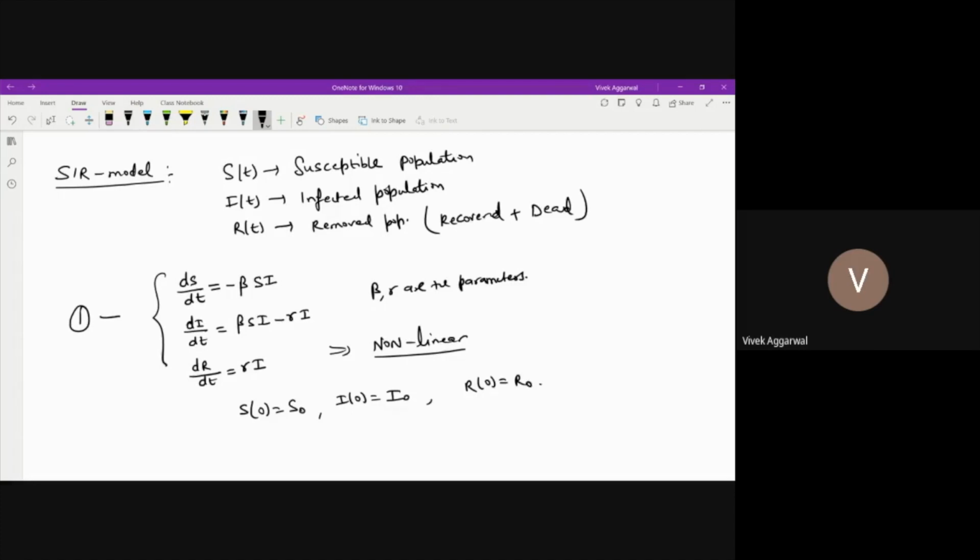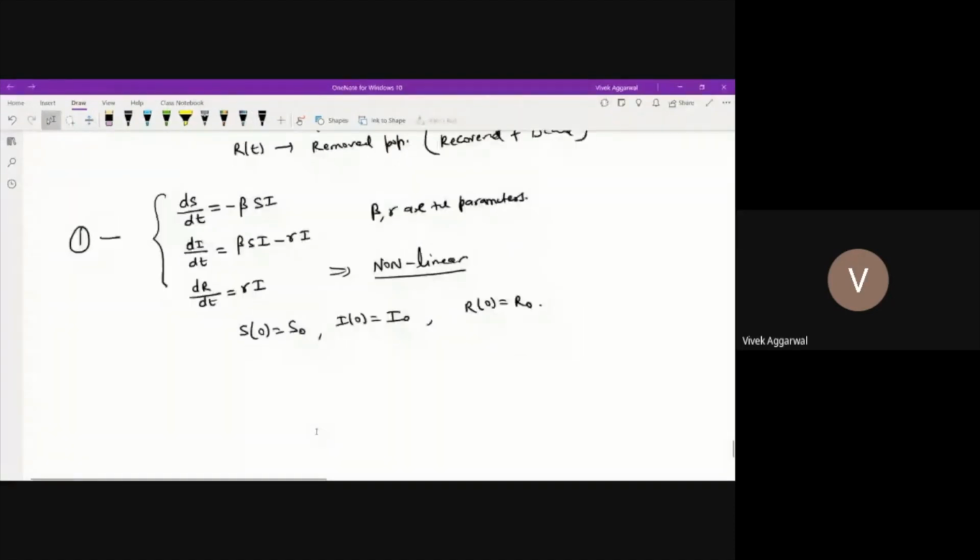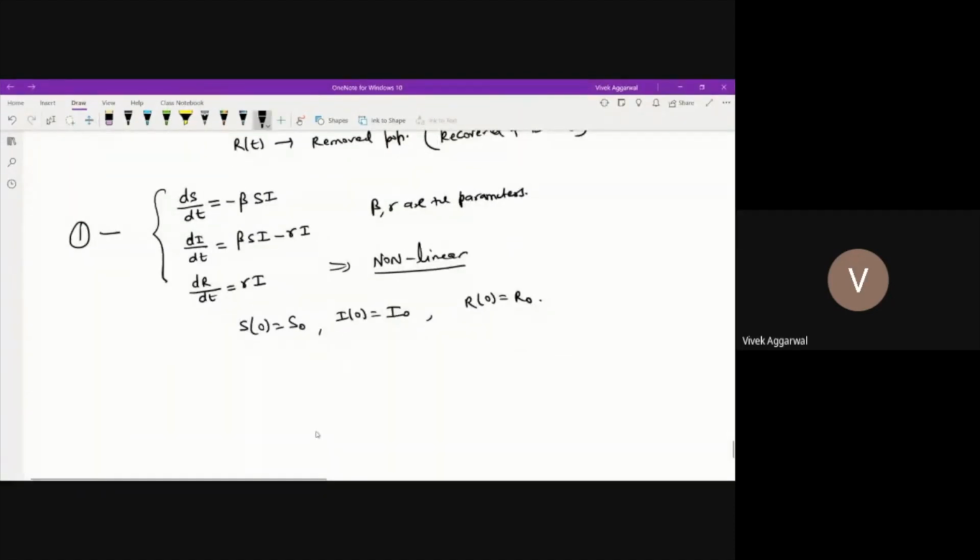So it becomes a non-linear system of first order ODEs with initial conditions, a non-linear first order initial value problem.